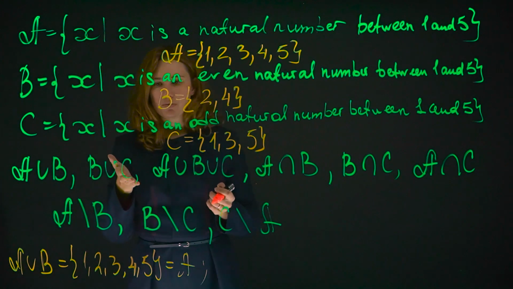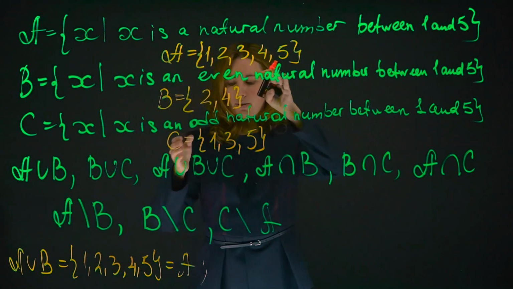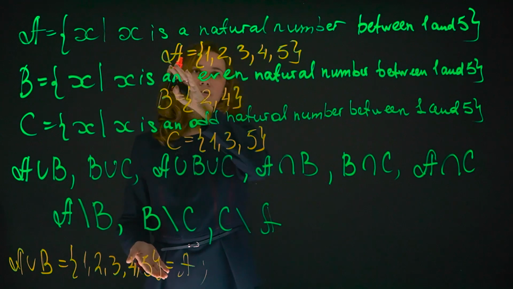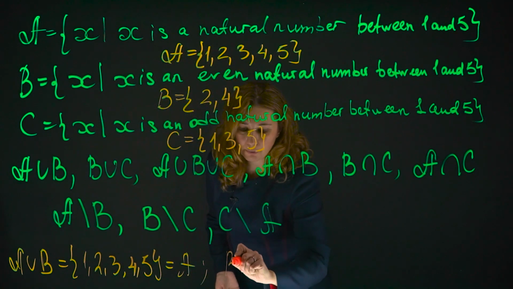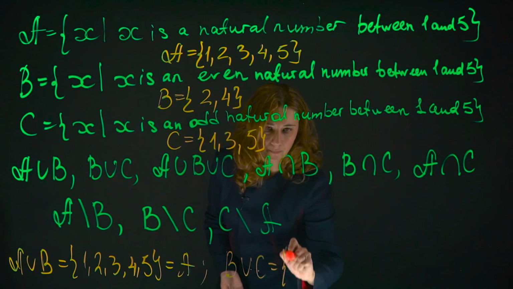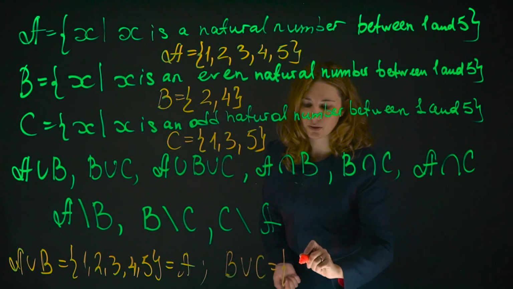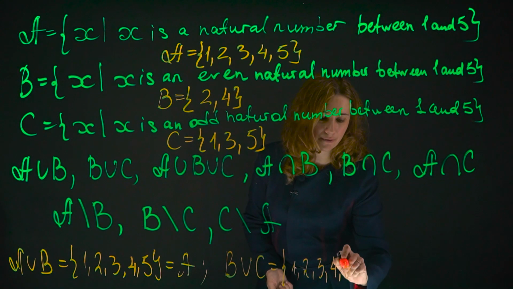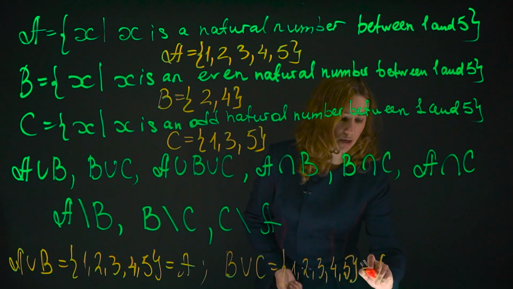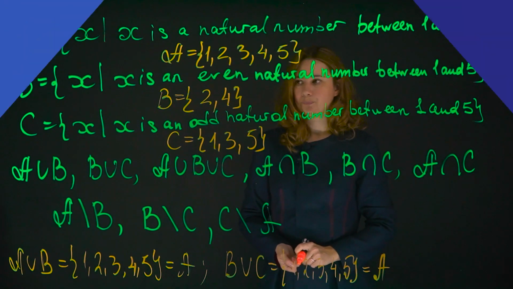So B union C gives us the same result. The result is the set A. B union C includes 5 elements, 1, 2, 3, 4, and 5, and this is our set A.